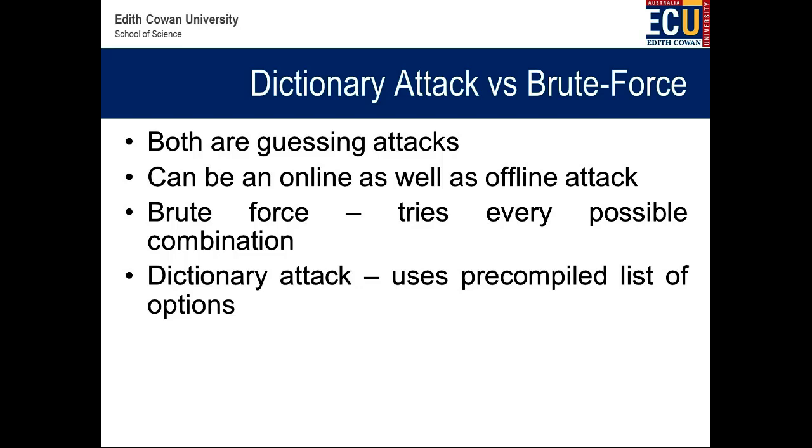But the difference is that in brute forcing we try every possible combination, whereas in a dictionary attack we use a pre-compiled list of options. We have a pre-compiled list of usernames and of passwords or hash values, and we compare those values with the system or the password file that we want to compromise.